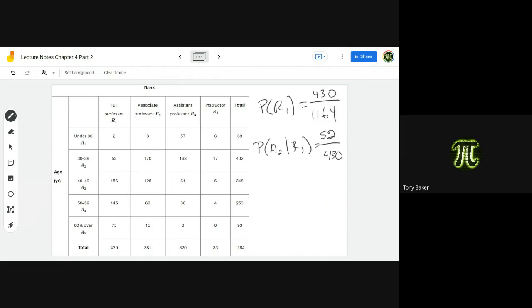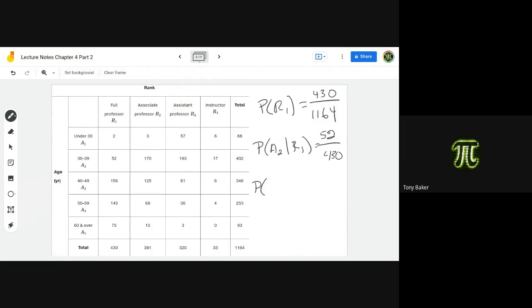What's the odds of a person 50 or over being just an instructor? Four out of 33. So now this one, I wasn't just looking at one event.